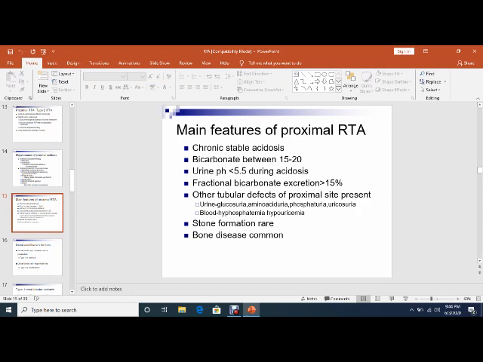Other tubular defects that lead to a proximal site are glucosuria, aminoaciduria, phosphaturia, and uricosuria, because the major portion of glucose and amino acid reabsorption takes place in the proximal tubule. If there is a defect here, they will be excreted in the urine. Stone formation is rare in this condition. Bone disease is also common.